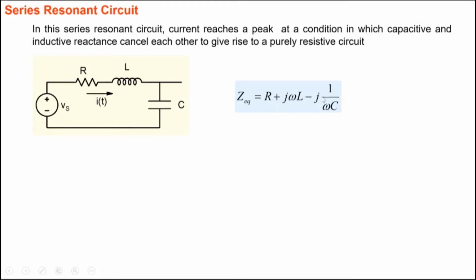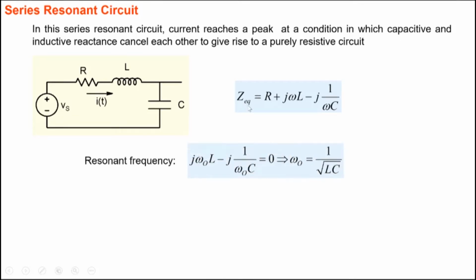That's R plus j omega L minus j 1 over omega C. The current would reach its maximum, and thereby the voltage drop across R would reach its maximum, when the imaginary part cancels out, and then you obtain the impedance which is minimum, and thereby the current will reach its maximum value. So that is the point of resonant frequency.